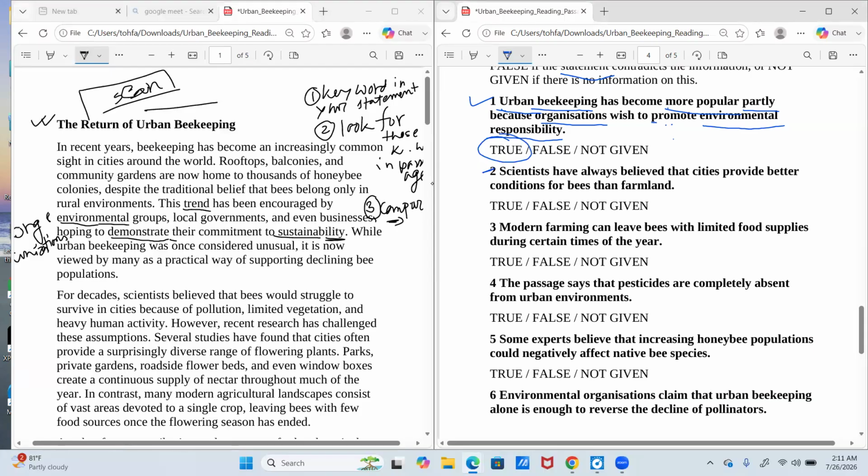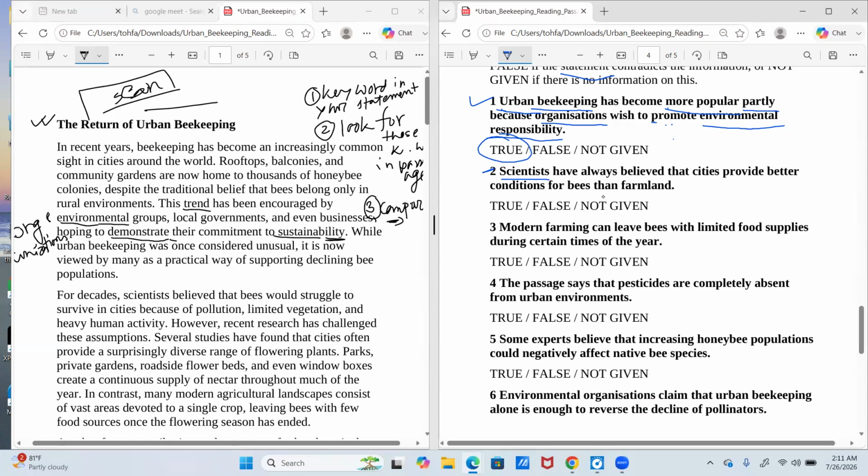Let's try solving the second statement. For now, I would like you to help me find the clues. Please unmute yourself and read the whole sentence and tell me what could be our clues. Okay, the first clue can be the scientists. Yes.